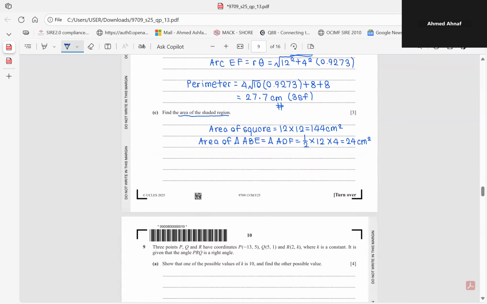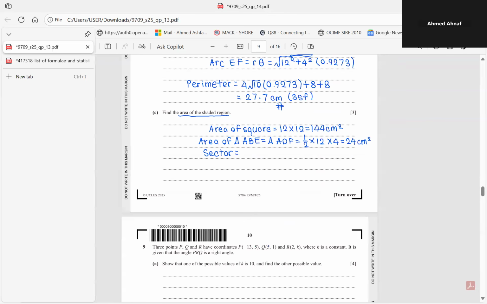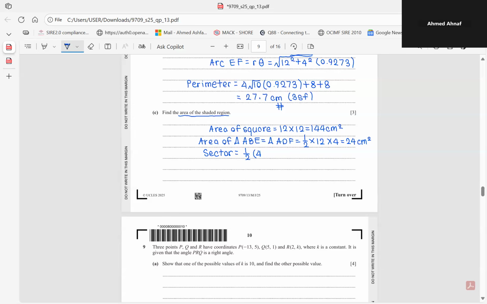And then the area of the sector. The formula for this is half r squared theta, where theta is in radians. So half r squared is half times 4 square root 10 squared, and theta is 0.9273. Simplifying half times 4 square root 10 squared, you would get 80 times 0.9273.